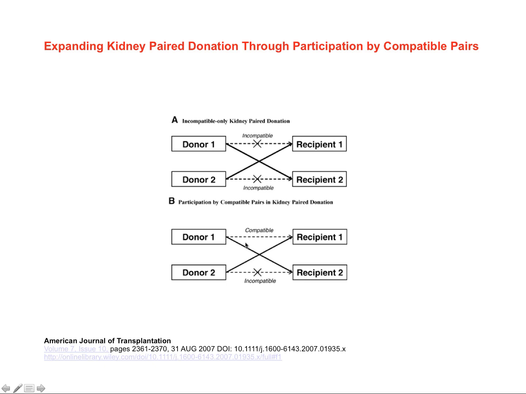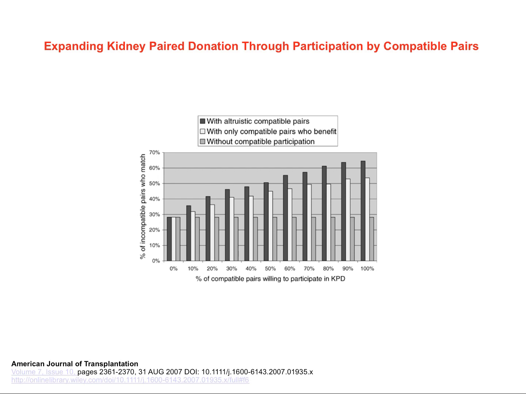Now, you can take this even further because you can say, well, we're not just going to use incompatible pairs, we're going to use compatible pairs. Why on earth would you do that? Well, this recipient here might, if they accepted the kidney not from their own donor but from another donor, get a superior match. Or they might just be prepared to go into an exchange scheme for the greater good.